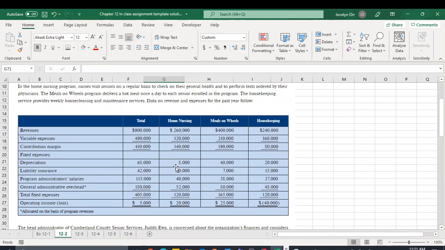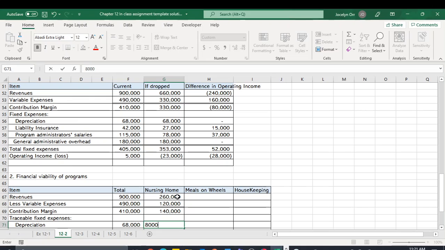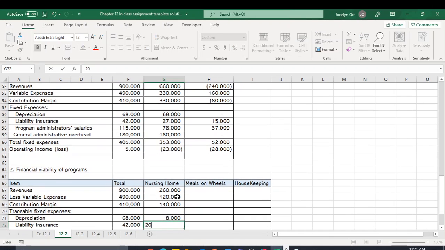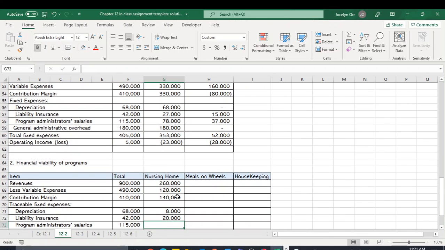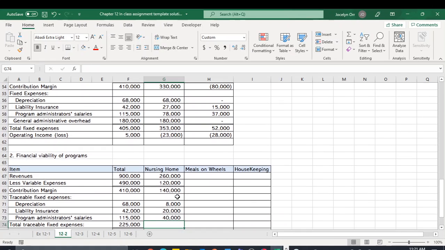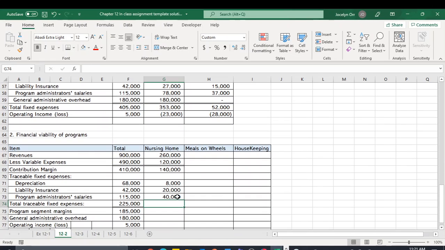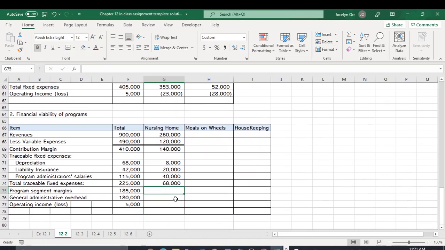Our depreciation for the home nursing segment is $8,000. We had $20,000 for liability insurance. Our administrator salaries were $40,000. Adding all of those together.